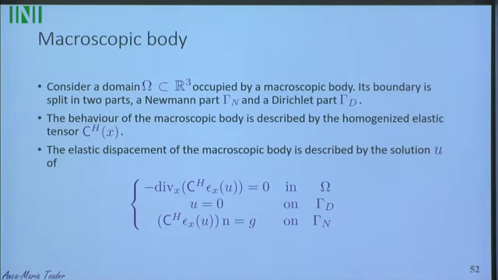And here is our problem at the macroscopic body. The equilibrium equation, Dirichlet condition and a Neumann condition. And here we'll have the homogenized material that is linked to all those cellular problems.